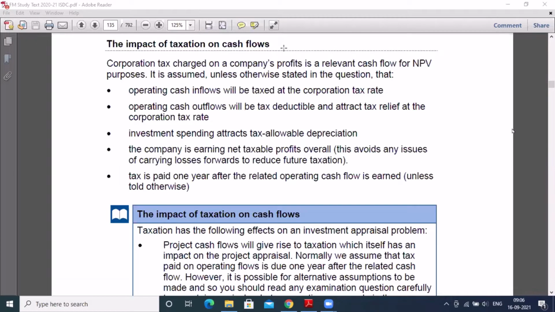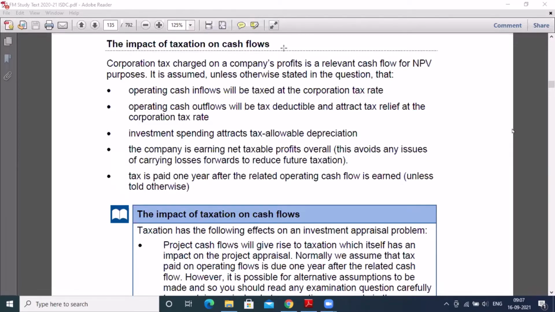So first just see the impact of tax on the cash flows. Very, very, very important. The tax charged on the company's profit is a relevant cash flow for NPV purposes. Whatever tax is charged on the taxable profits of the company should be considered a relevant cash flow. Suppose, in yesterday's query, if you can recollect, a company wanted to purchase a machine, and if they purchase that machine, there will be a saving in wages cost of around $1,000, and a saving in the material cost of 400.